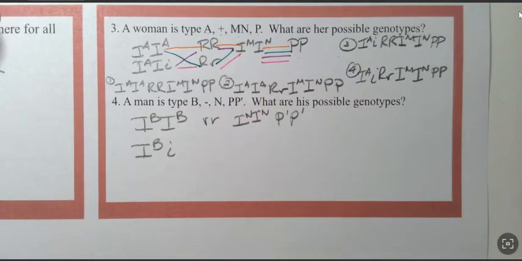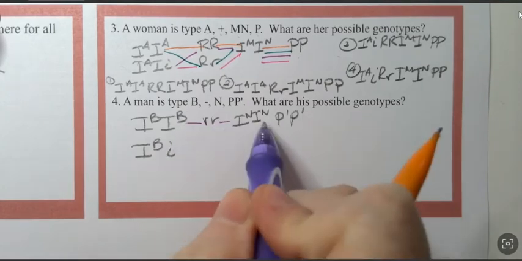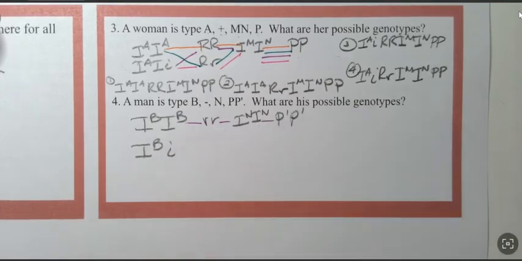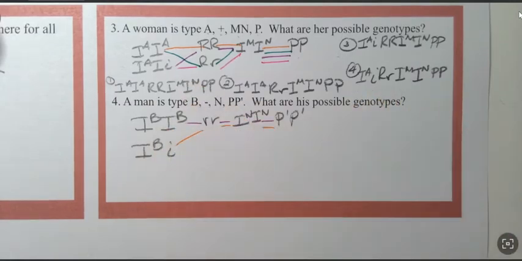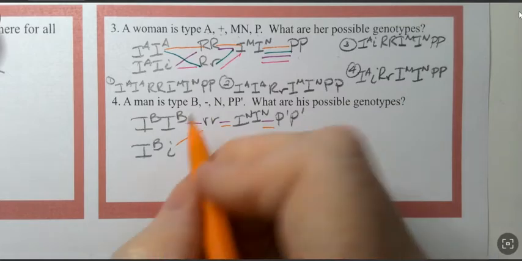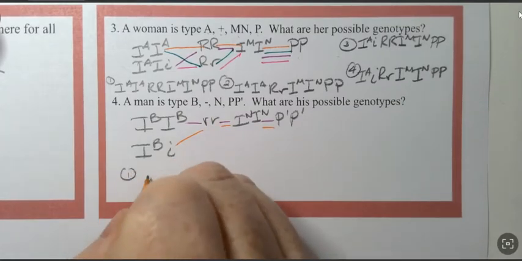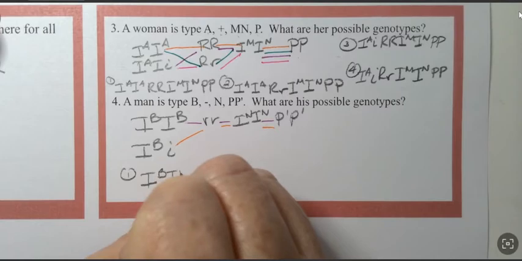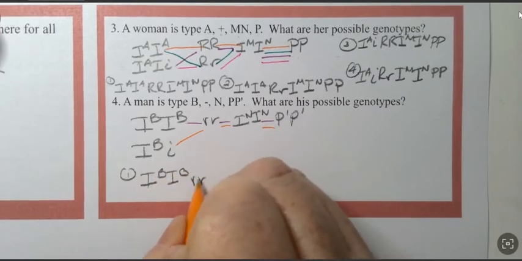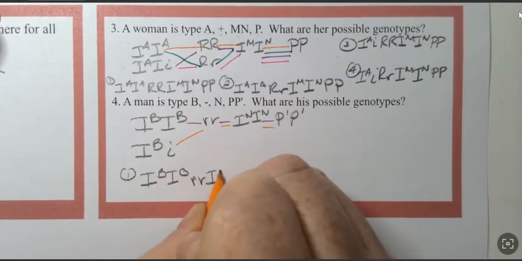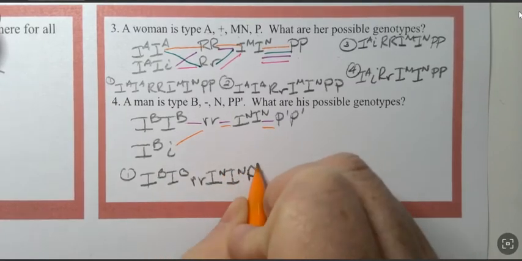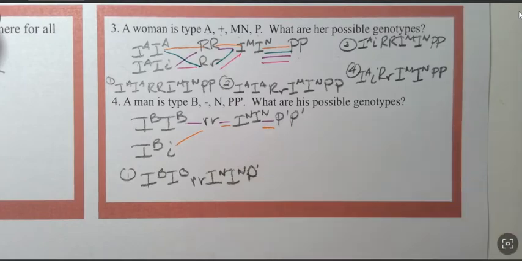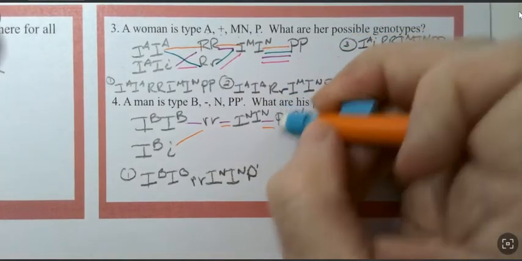So that means for this person, I could be this, or I could be this. Not as many choices here, so only 2. So I could have, oops, I put a prime there when there shouldn't be.